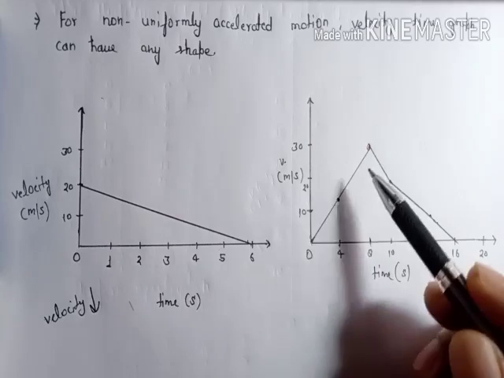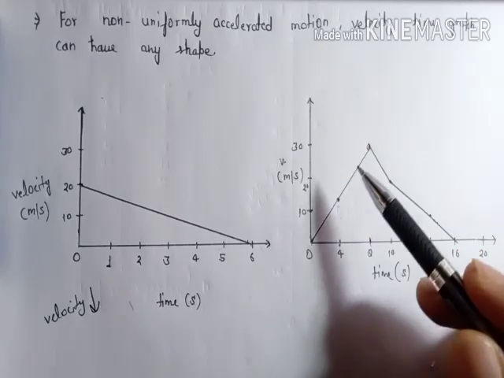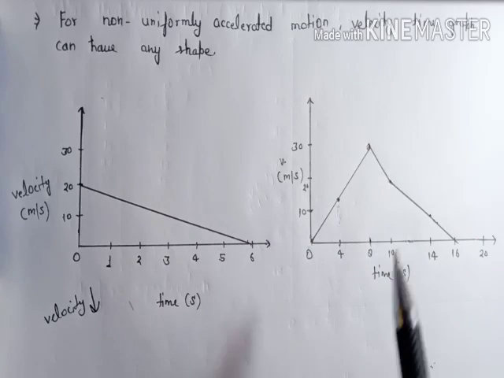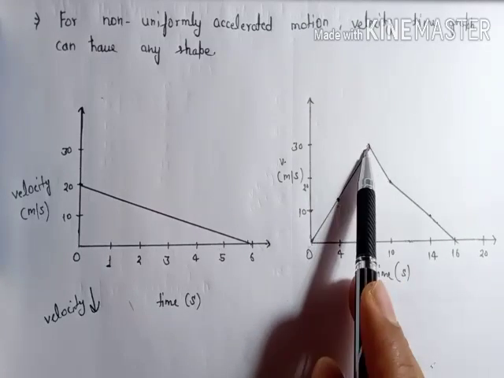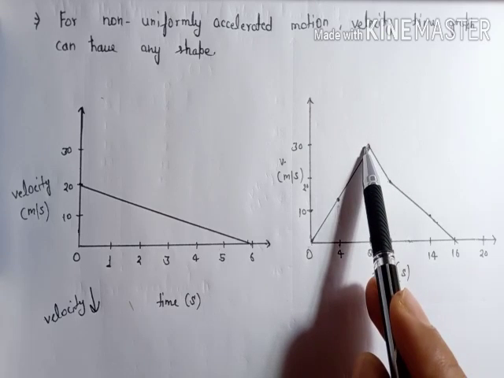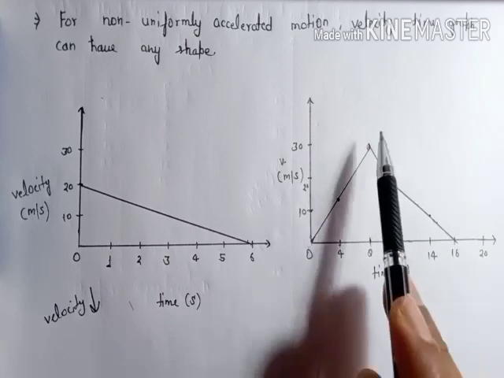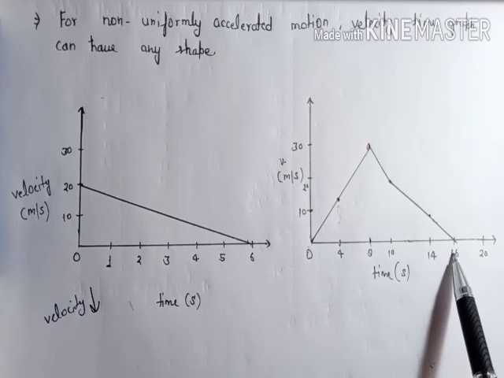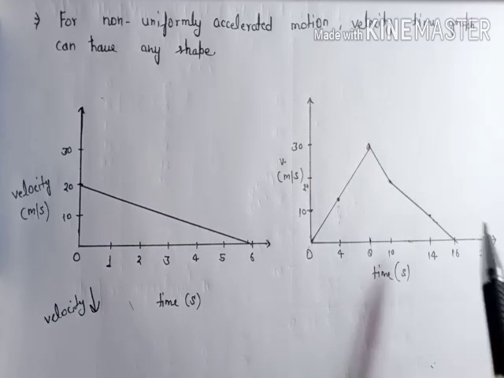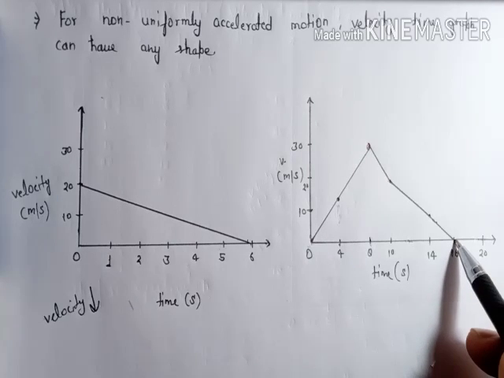Here from 0 to this point, this is uniform acceleration because this is a straight path, and you can see a variation in this line. This time deceleration is also not uniform. Acceleration is applying in the negative direction, and eventually after 16 seconds our body is again at rest.